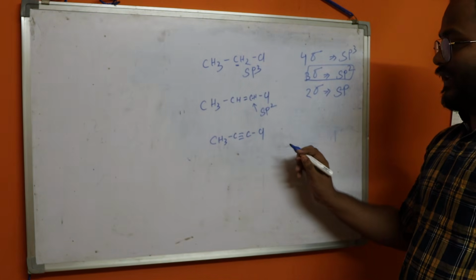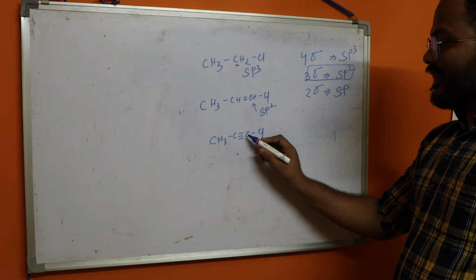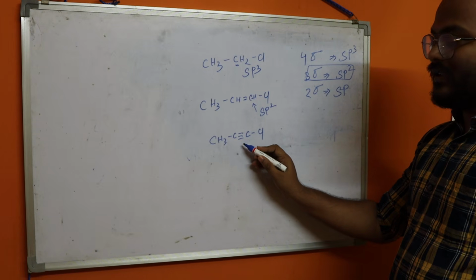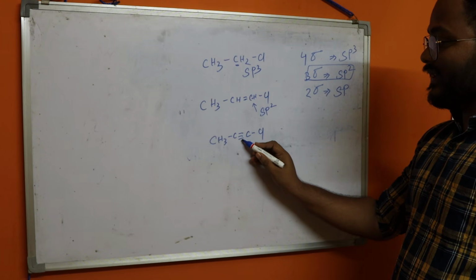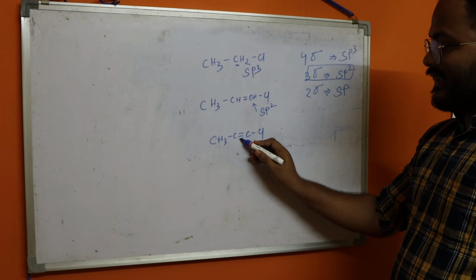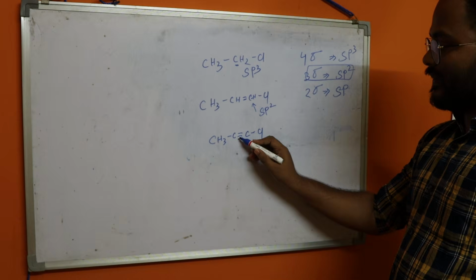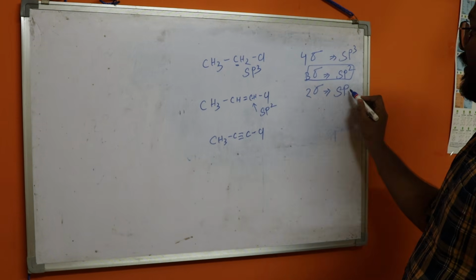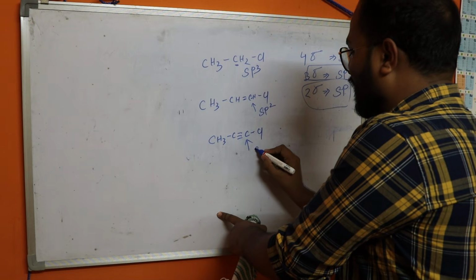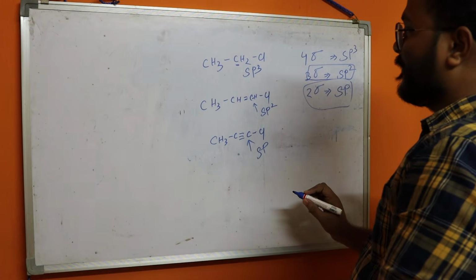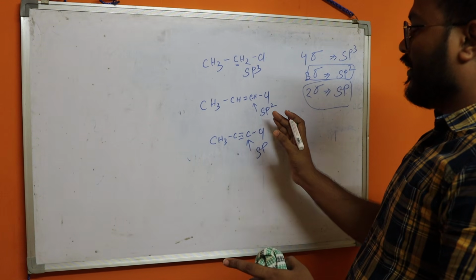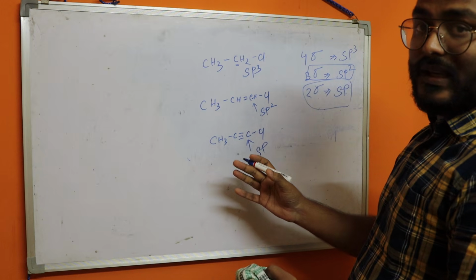Among these 3 bonds only one is sigma, the remaining 2 are pi bonds. So if I ask you the total number of sigma bonds, you will tell me there are 2 sigma bonds, so the carbon will be sp hybridized. So now we understood how to get the hybridization of the carbons of these haloalkanes.